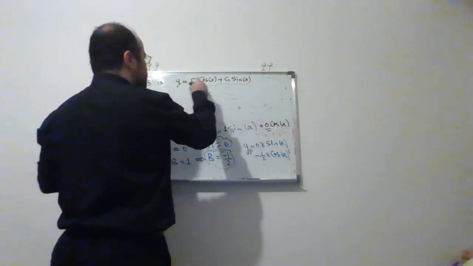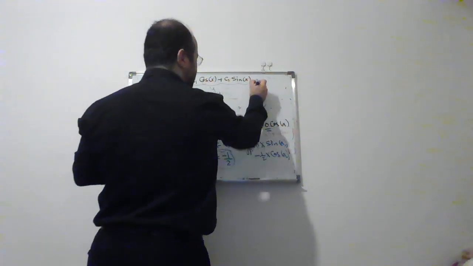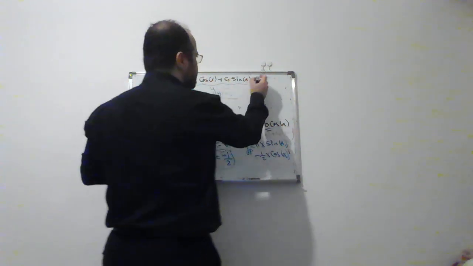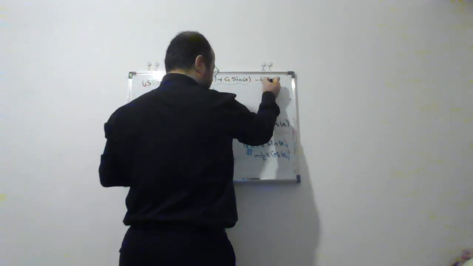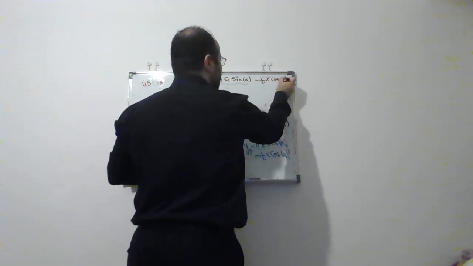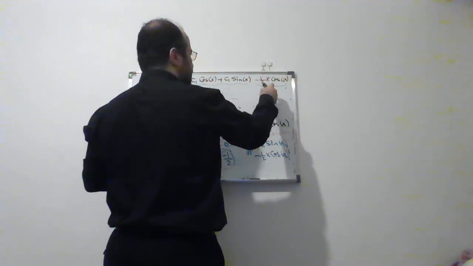Now I need to add y particular, which is minus 1 over 2 x cosine x.